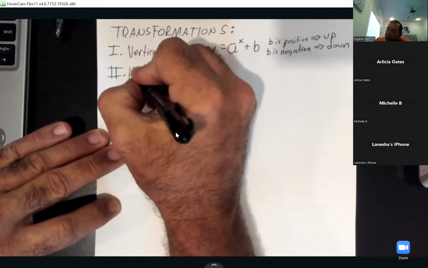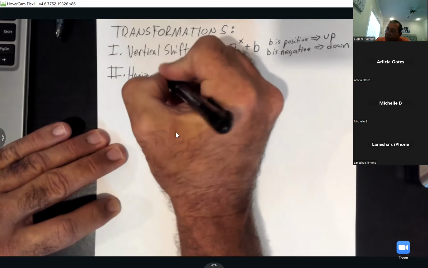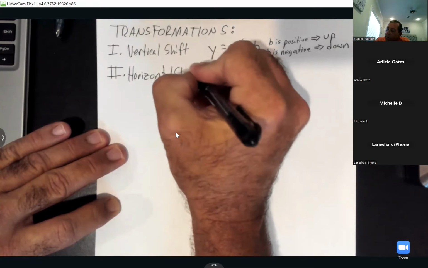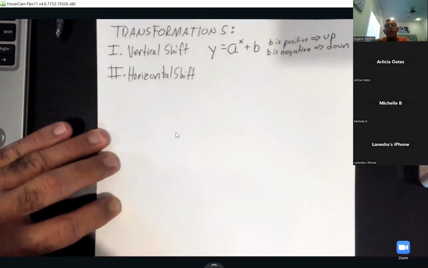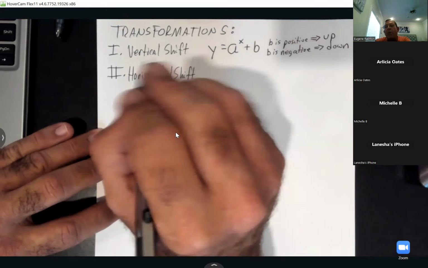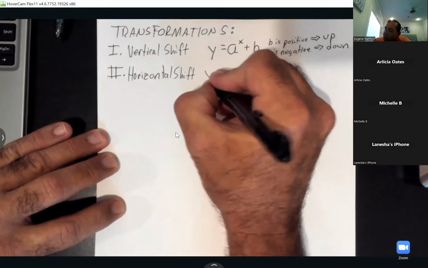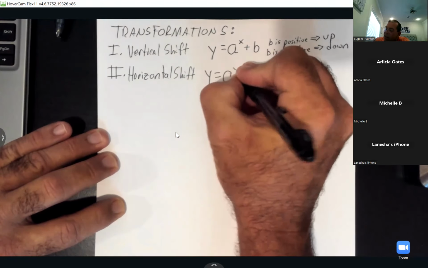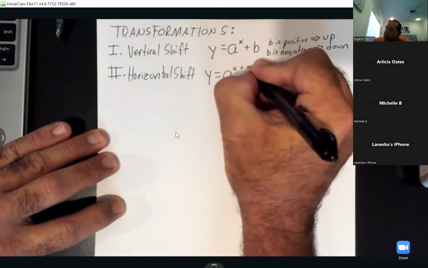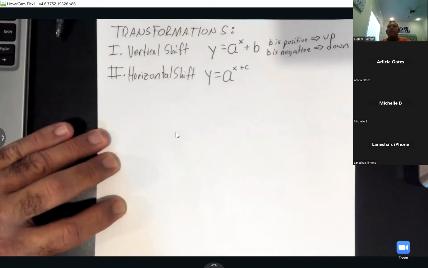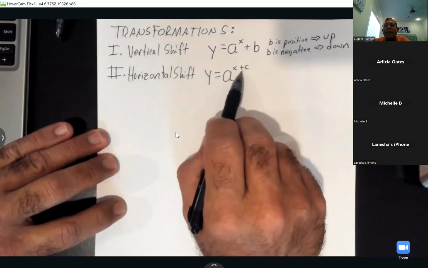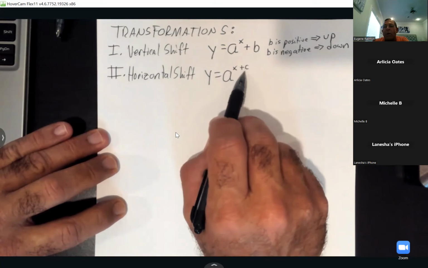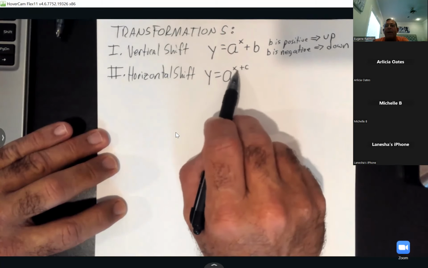Horizontal shift. So that's going left to right. To move my graph left to right, I'm going to have y equals a to the x plus c. So we're attacking that x with our c this time.